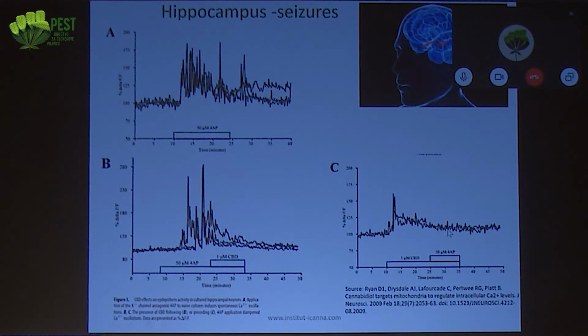Looking at calcium signaling is one of the ways, or probably one of the pieces of the puzzle, we can look at when we try to explain why CBD is in many cases very effective with epileptic and other kinds of seizures. So we see that it significantly affects how this epileptiform activity in neurons is happening.